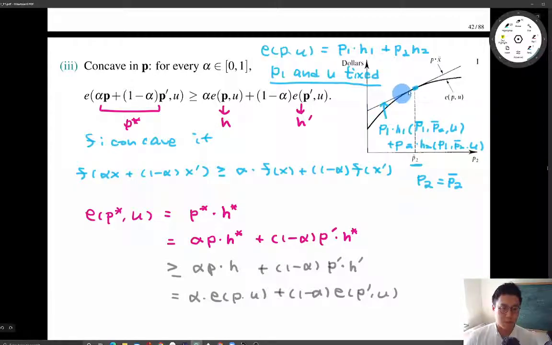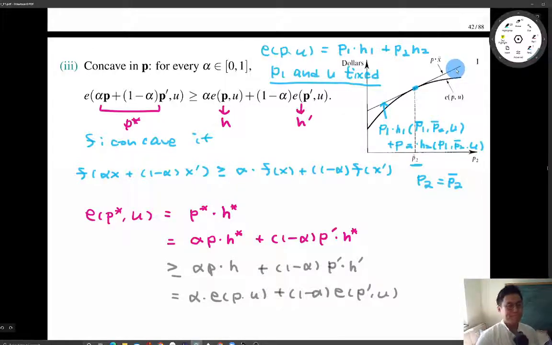In this line segment, the demand schedules are fixed and we change only P2. But if we allow the consumer to respond to a price change, that is, to change H1 and H2, which is what happens in the expenditure function, then the consumer can effectively reduce the expenditure. That is why the expenditure function is concave, and why it appears below this line segment.